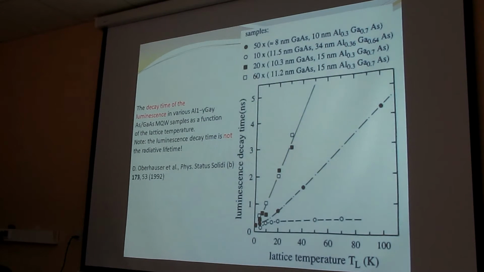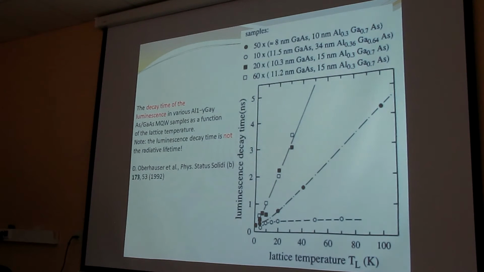Now the last time constant is of course the decay time, and you frequently find papers where the luminescence decay time is associated with the radiative decay time, which is in most cases an error.